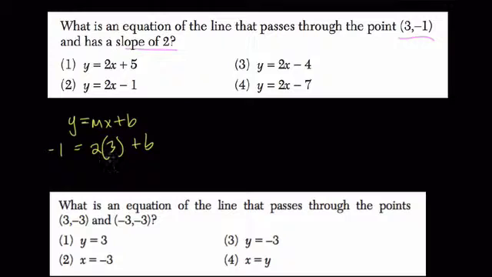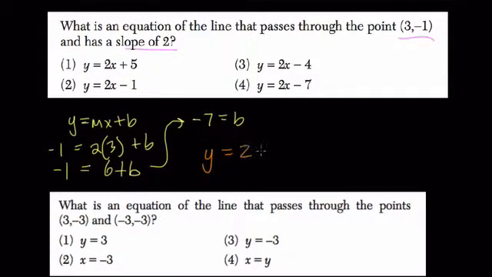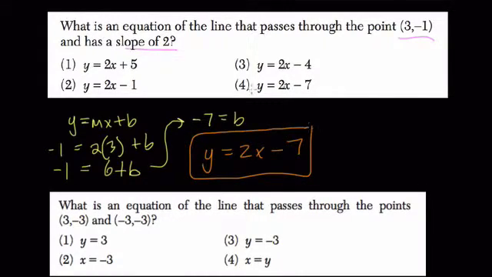That's our y-intercept. 2 times 3 is 6. 6 plus b equals negative 1. Subtract 6 from both sides. Negative 1 minus 6 is negative 7. That equals b. Putting this back together, y equals 2x, because the slope is 2, plus negative 7 or minus 7, right? Keeping that format. So here we have choice 4.